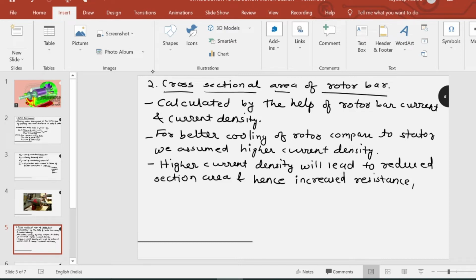If the resistance is increased, the rotor copper loss is increased, and the efficiency is reduced. With the increase in rotor resistance, the starting torque will be increased. As per the guideline, the rotor bar current density can be assumed between 4 to 7 ampere per mm square, or may be selected from the design data handbook.